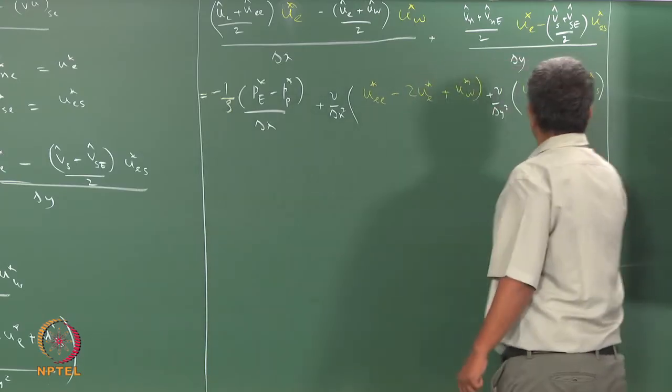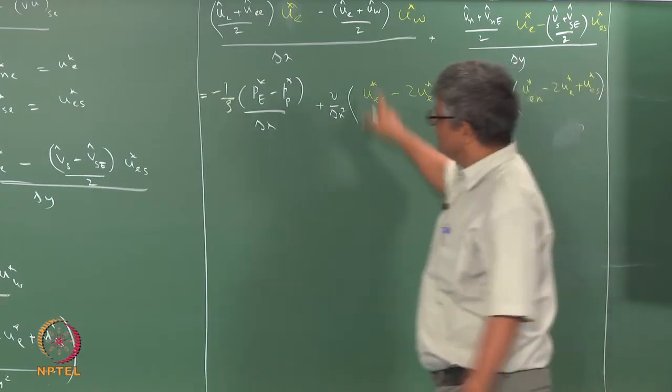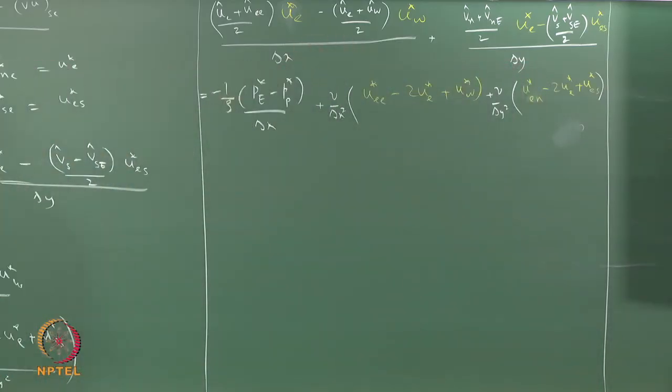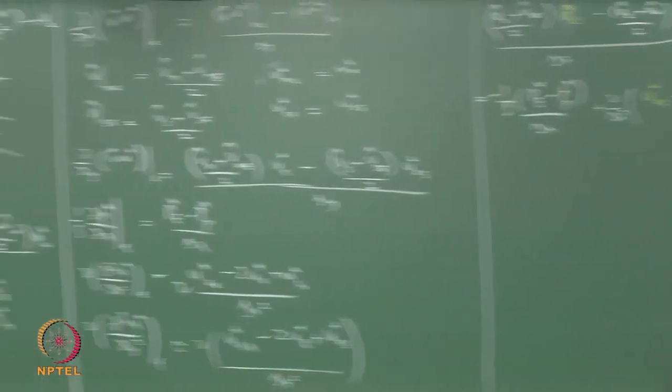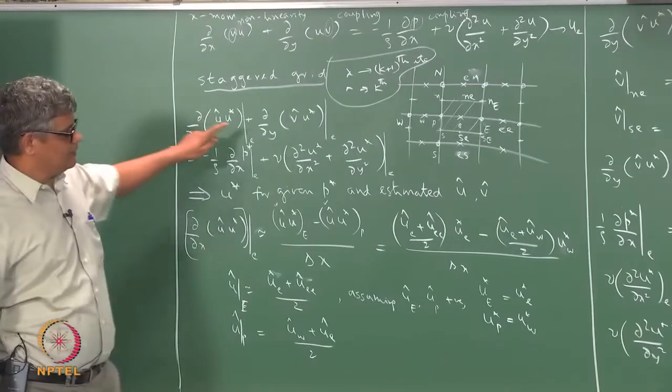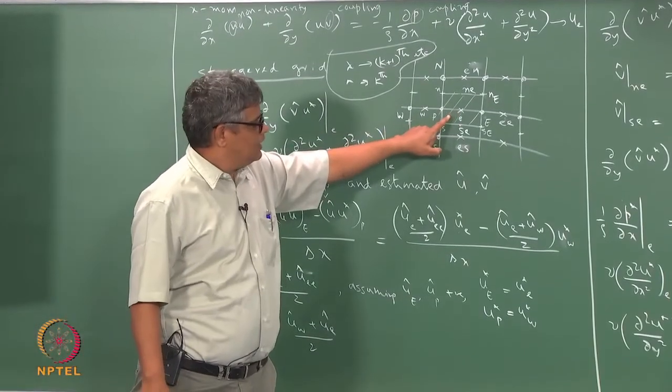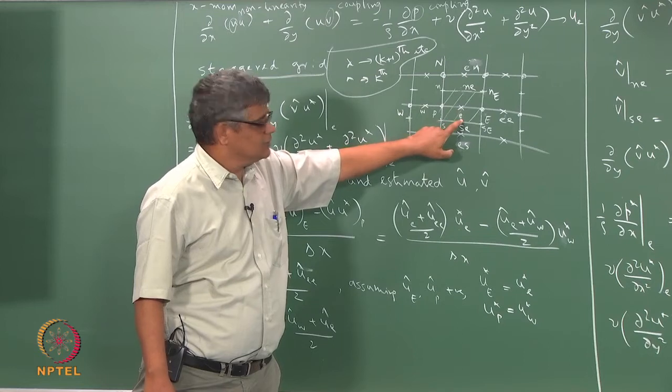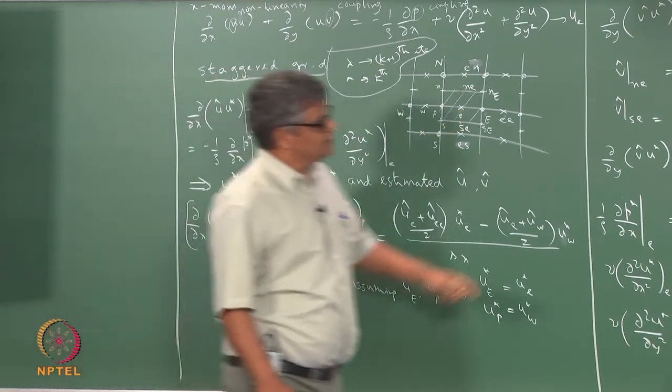There is no equal to 0. So this is the discretized equation of this partial differential equation for a cell which is centered around small e. Okay, so now let us look at this.